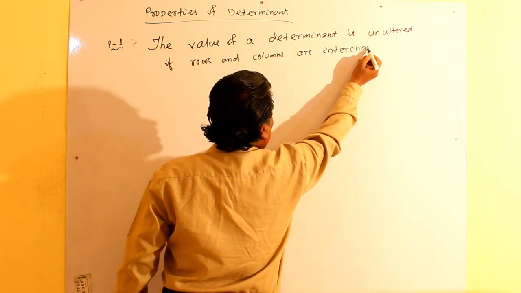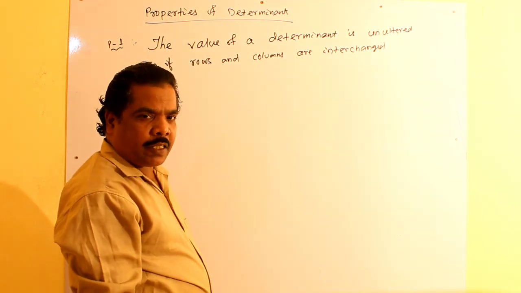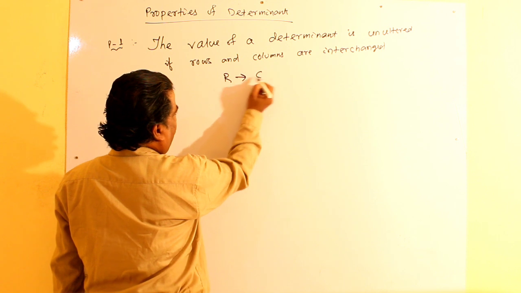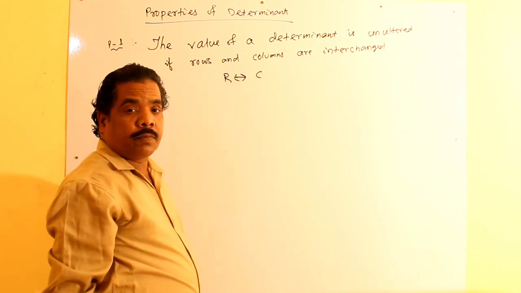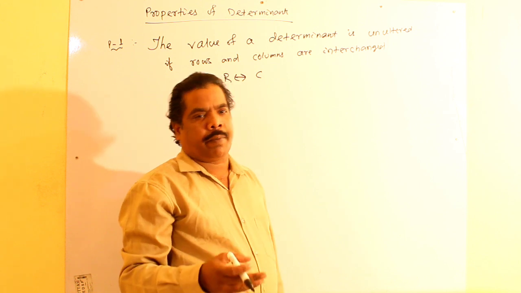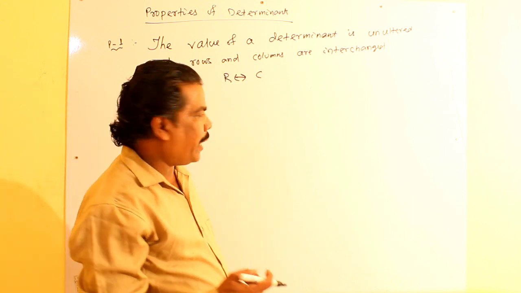In case of determinant, if rows are written as columns or columns are written as rows, then it does not affect the value of determinant, whether it is a second order or a third order.